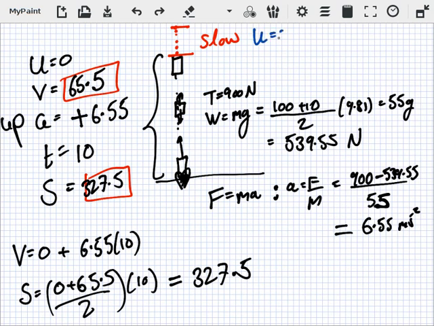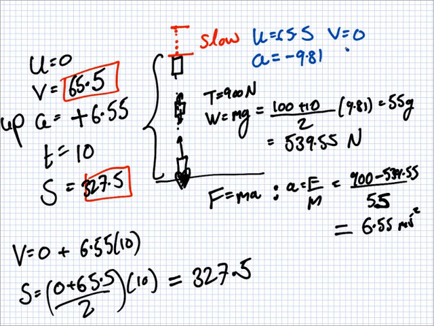U is 65.5. What's the V? 0. Now, what's the A? Think carefully. What's the A? Yeah, it's because it's free falling. The T we don't know and don't want to know, and the S we don't know and want to know. So we want to know the S. So what would be the easiest thing to give me the S?